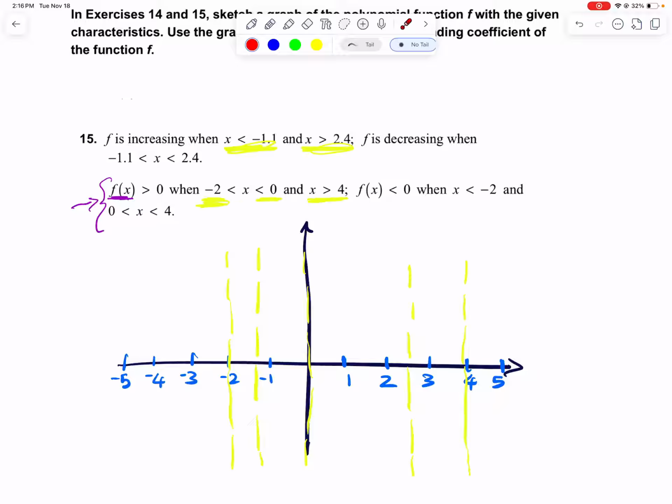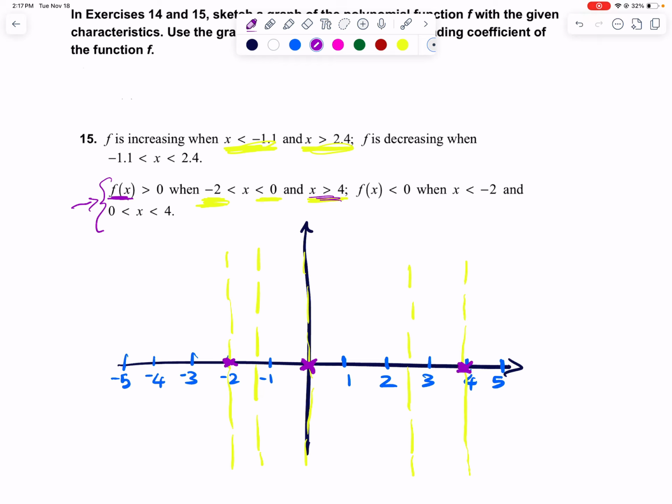So -2 and 0 are key x-intercept points, because we're changing from being above the x-axis to below, or below the x-axis to above, at those points.